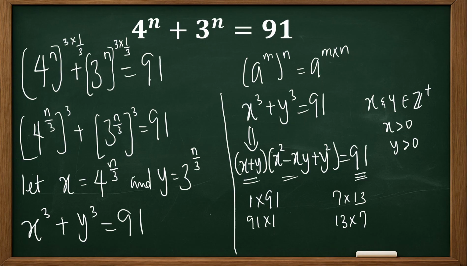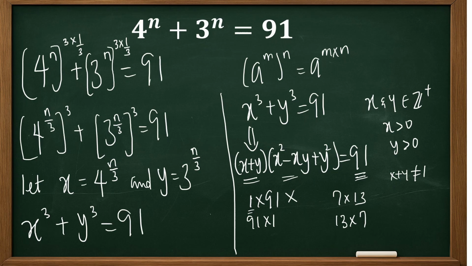If we have 1 times 91, this is case number 1. Is it going to work? If you look at this, x is greater than 0, and also y is greater than 0. So there's no way x plus y will give 1. This is not possible. X plus y can never be equal to 1. So case number 1 does not work.